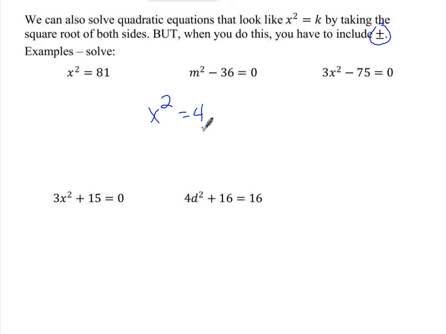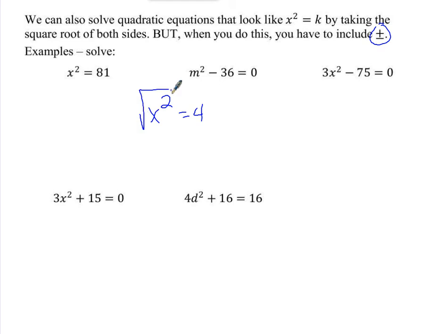what could the x be? Give me a number that works. 2 squared is 4. Is there another number that works? Negative 2 squared is 4. So both positive 2 and negative 2 work for this.